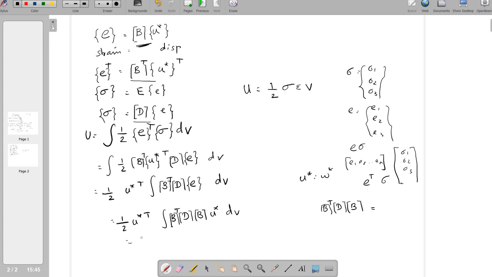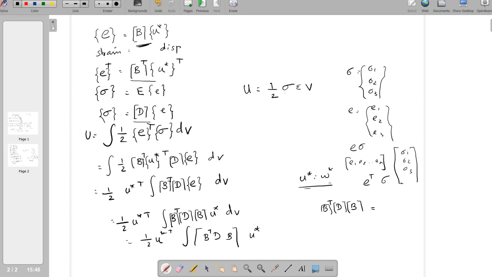So by separating U star transpose, the integration of B transpose dB into U star.